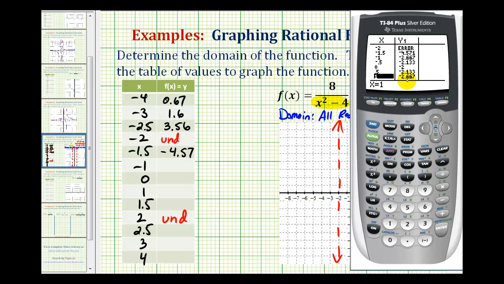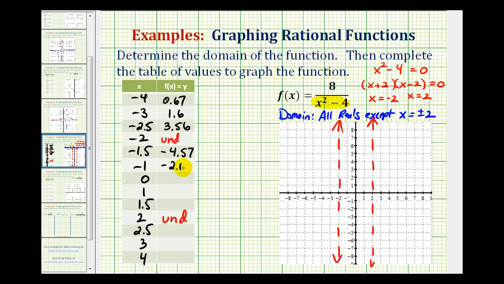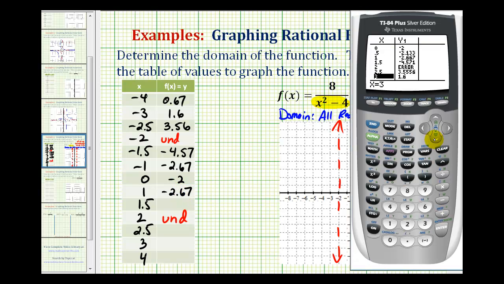And at 1, it's negative 2.67. At 1.5, it's approximately negative 4.57.